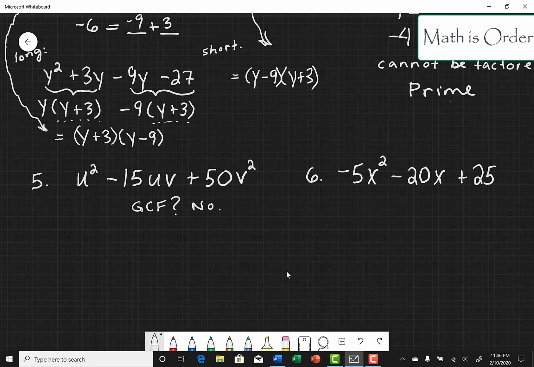All right, next, we're going to apply that AC method. So we're looking for 2 numbers that multiply to give 50 and add up to give negative 15. Let's see. 5 and 10 works. But both of these numbers have to be negative.